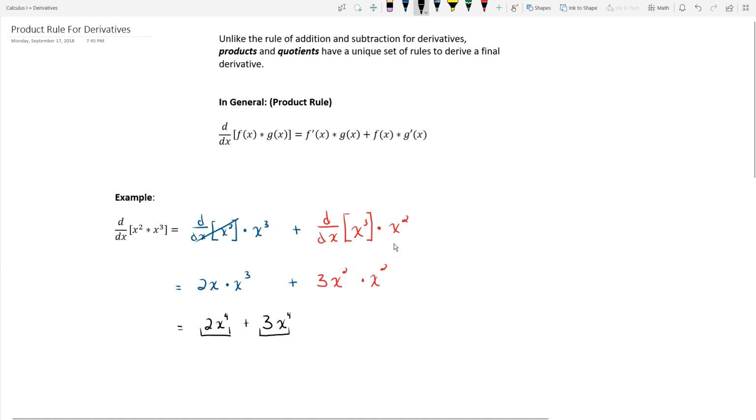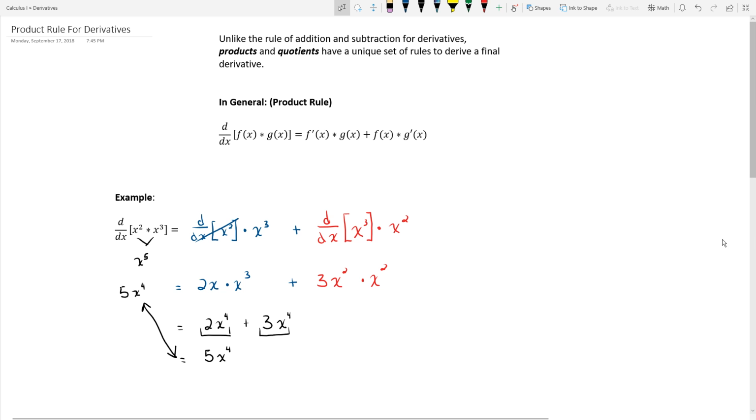Since they have those same exponent powers to the fourth, we can combine this further. 3 plus 2 is 5, and that variable to the power is just x to the fourth. So 5x to the fourth is what we came up with for our internal portion here. We had x squared times x cubed is x to the fifth. The derivative of that is 5x to the fourth. So it definitely works, and it works every time.